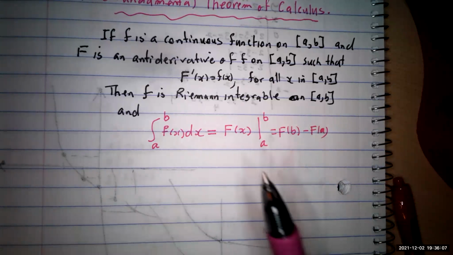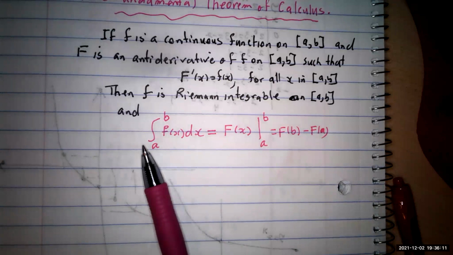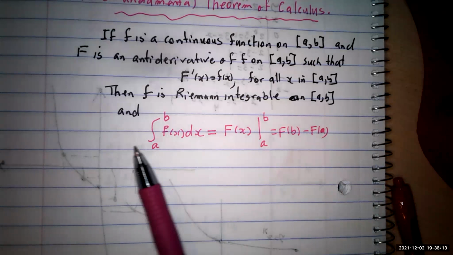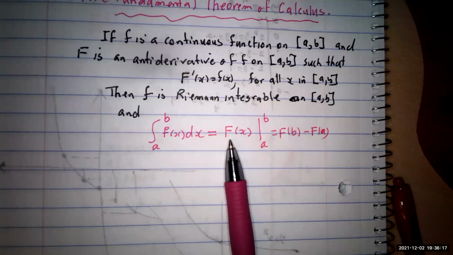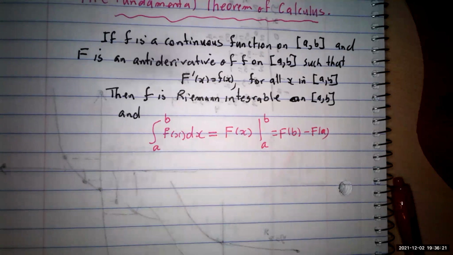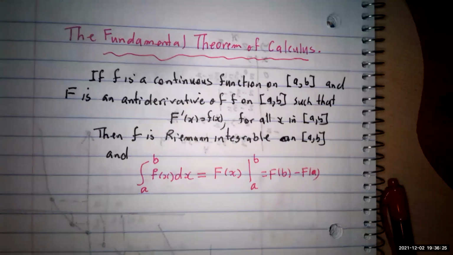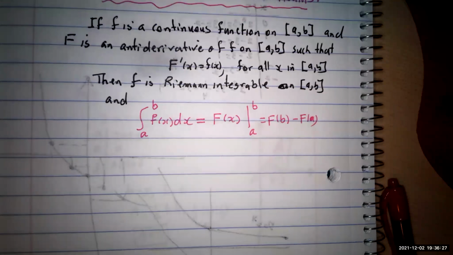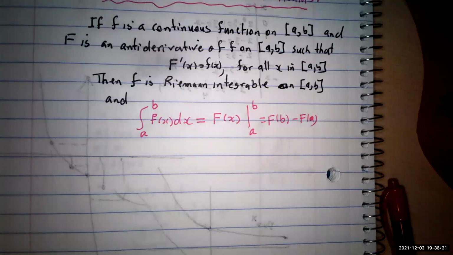So on one side is the new integral, the definite integral, the Riemann integral, the area problem. On the other side is the antiderivative. So you have the formulas, and this is how you connect these two together. That's why we call it the fundamental theorem of calculus, because it connects these two together. That will help us find any integral of this format.